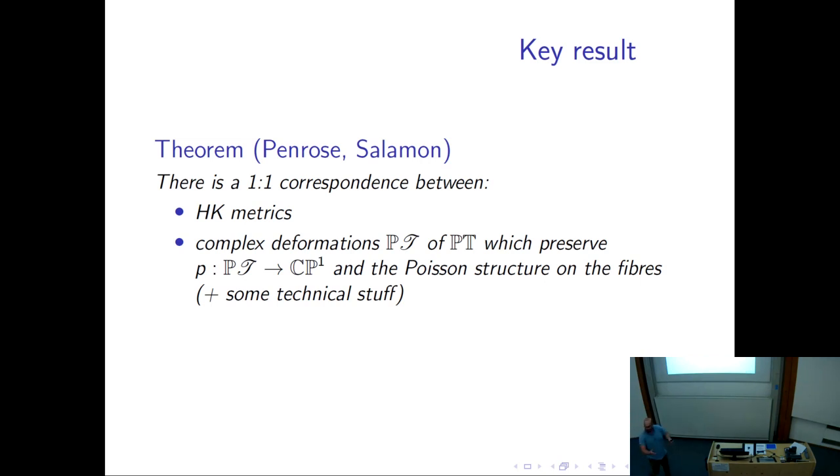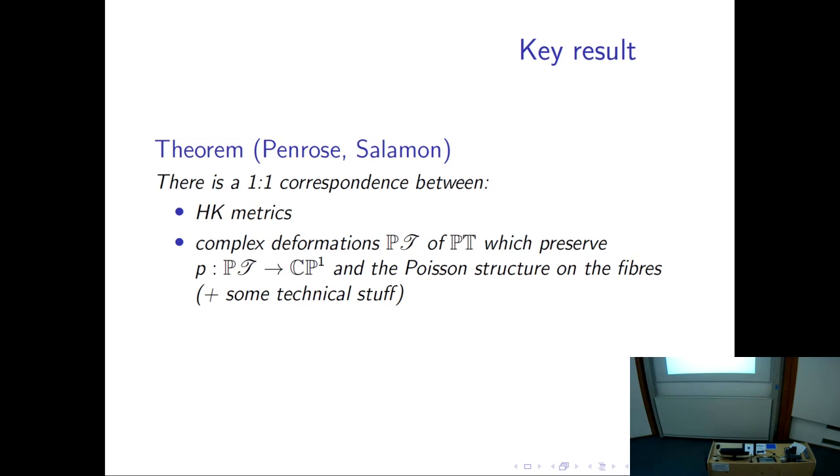What I mean by a complex deformation is that you take the tangent bundle of the twistor space, which has some Dolbeault operator acting on it, you deform this by a Beltrami differential, and you ask that the thing remain integrable so that it squares to 0. So you look for complex deformations of this twistor space which preserve the holomorphic fibration over the Riemann sphere and also don't mess up the Poisson structure on the fibers.